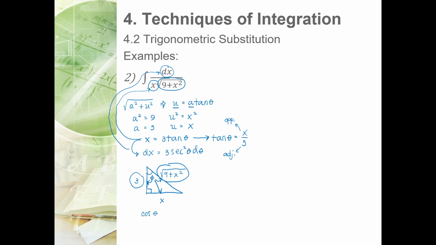So cosine theta is equal to 3 all over the square root of 9 plus x squared. Isolating your square root function, this becomes the square root of 9 plus x squared is equal to 3 all over cosine theta. So 1 over cosine, we can represent it as 3 secant theta.